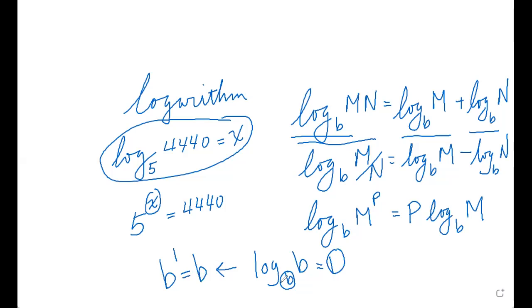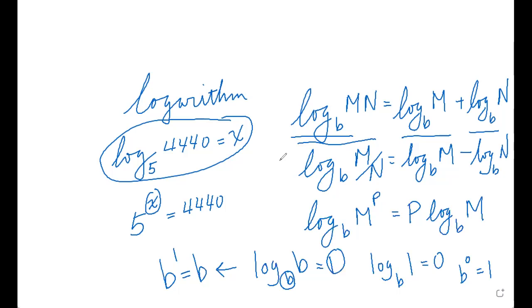All right, so that is true. Another one is log of 1. Okay, what is the exponent with base b that will give you 1? That is 0. You recall b to the 0 power is 1. Okay, so those are some of the basic logarithm properties you have to know.